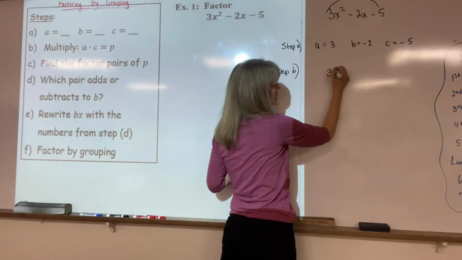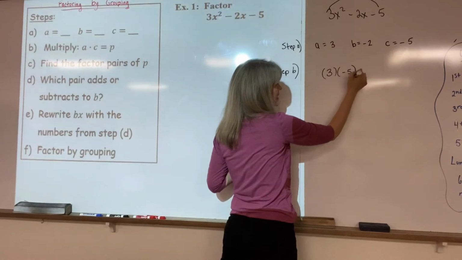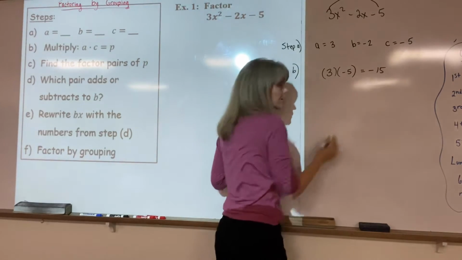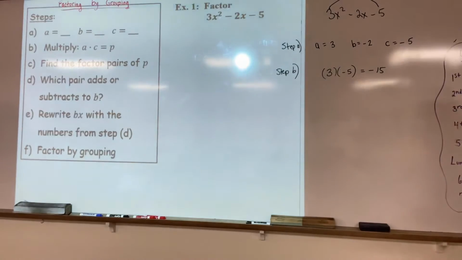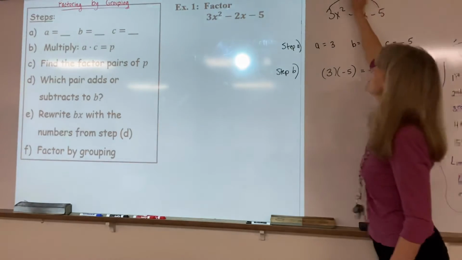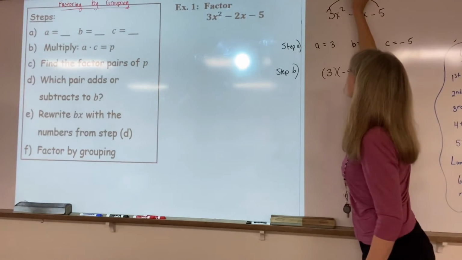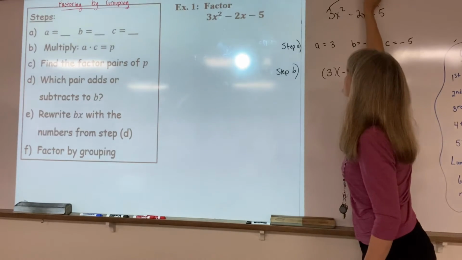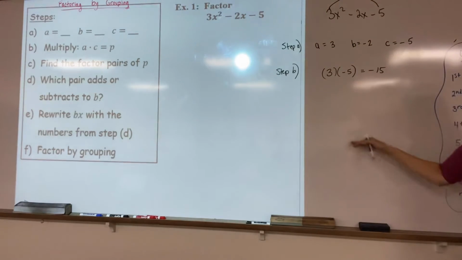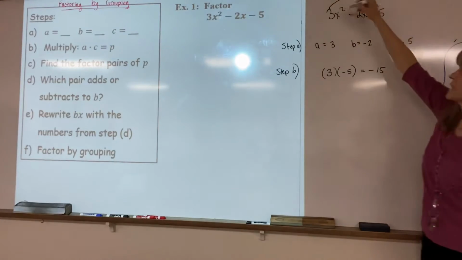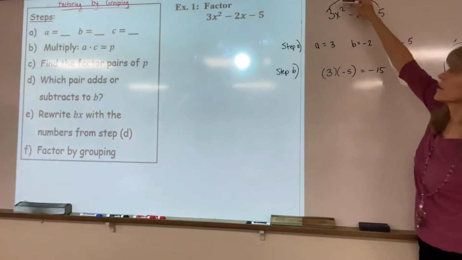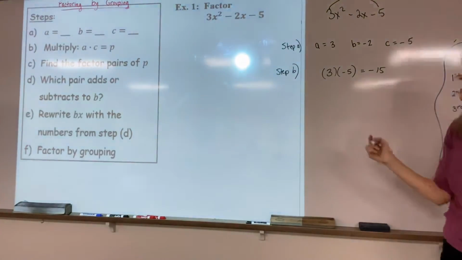Actually 3 times -5. -15. That was simple. So you wouldn't have to always write out every little step like this. When you're doing the problem, you might just want to say, okay, 3 times 5, -15.